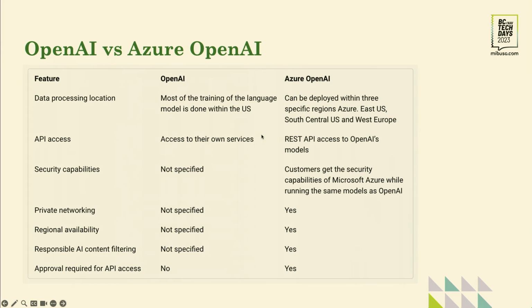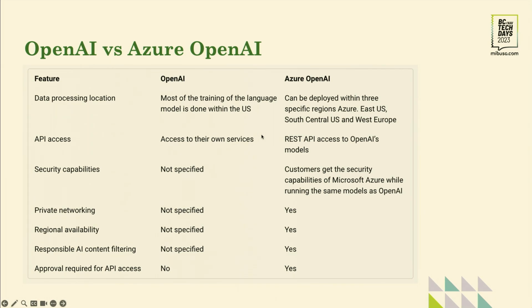There are also some differences between OpenAI and Azure OpenAI. The common thing is that the models themselves are the same, because Microsoft provides the APIs to the models that were developed by the OpenAI company.